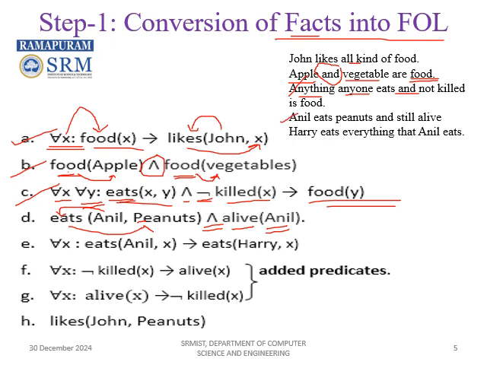The last one is Harry eats everything that Anil eats. So Anil eats x, for all x, it implies that Harry also eats x. Whatever Anil eats, Harry also will eat. That's the meaning of this statement: Harry eats everything that Anil eats. So first I represent what Anil is going to eat, Anil eats x, and that is going to be eaten by Harry also.